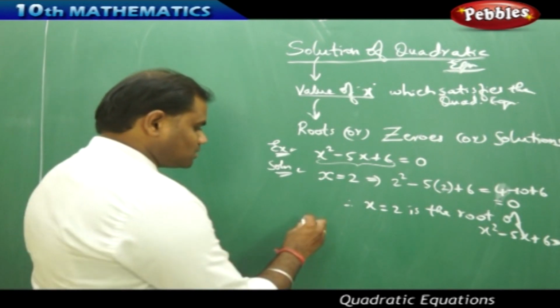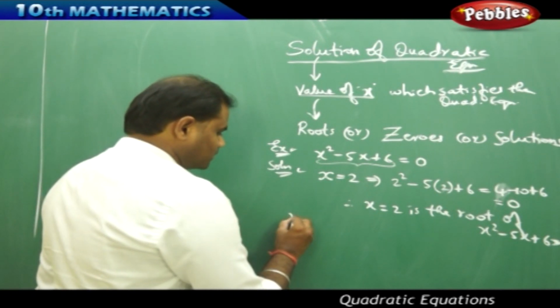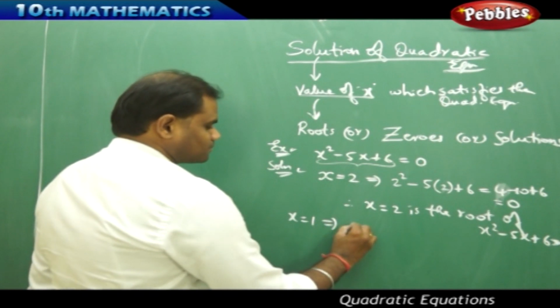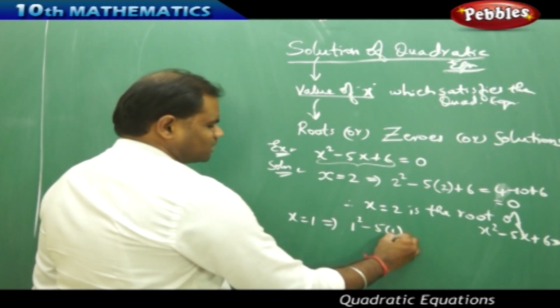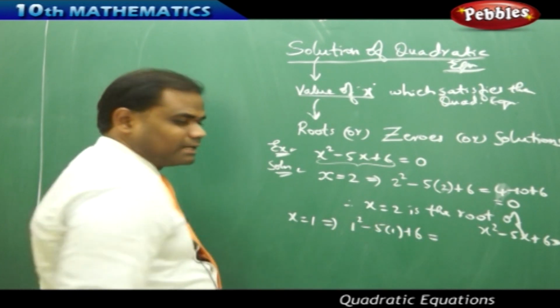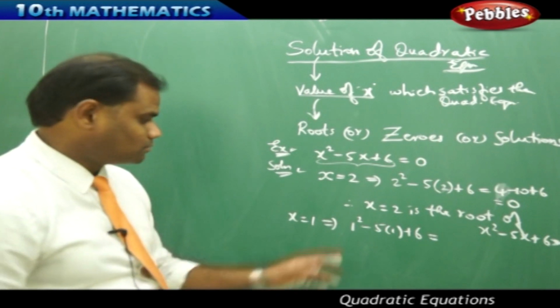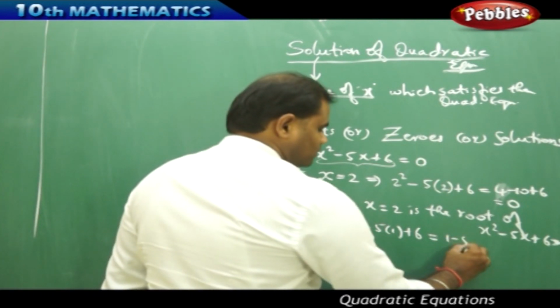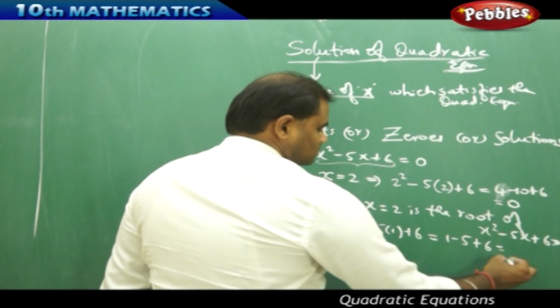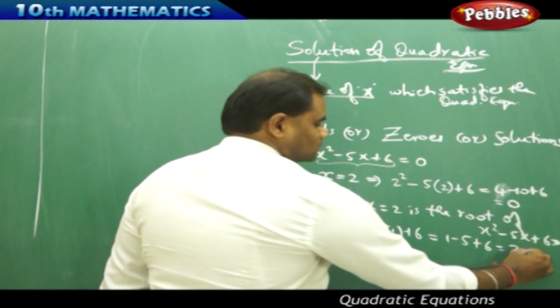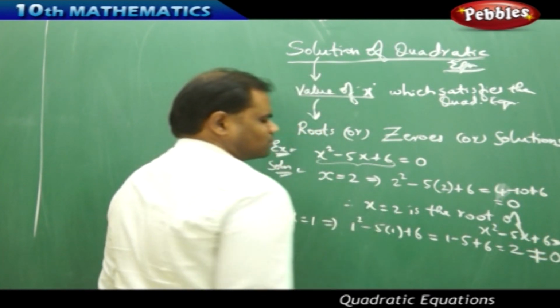But when I take x equal to 1, let's continue with this, which gives me 1 squared minus 5 times of 1 plus 6, and let's see if I get this equal to 0. This is 1 minus 5 plus 6, minus 4 is 2, which is not equal to 0.